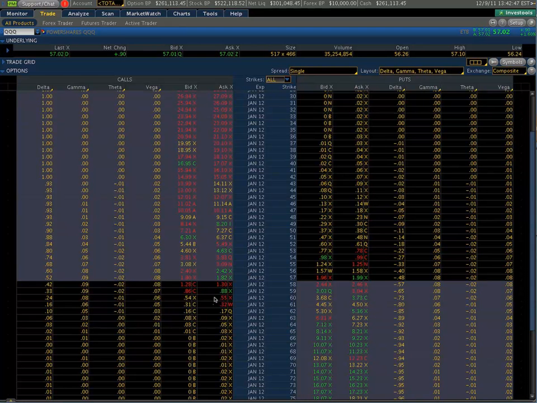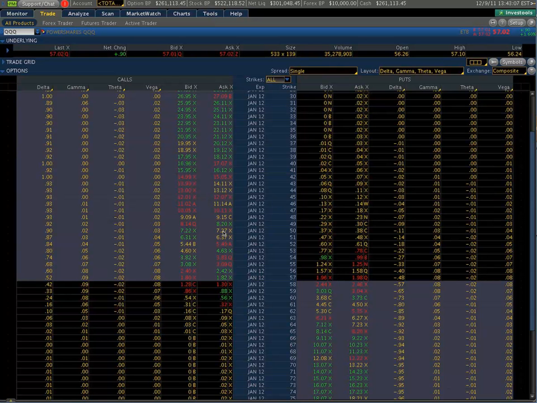You can purchase an out-of-the-money call for 55 cents. You purchase perhaps an in-the-money call at the 50 strike price level at $7.27, and it represents about a 12 times more expensive option than the out-of-the-money one.